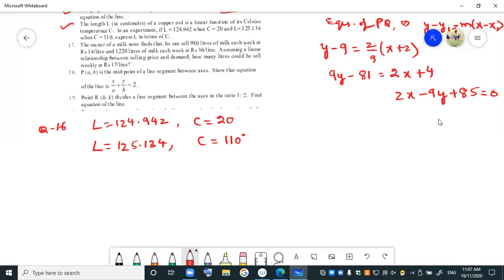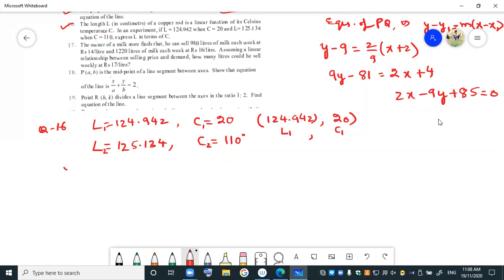This is just behaving like x and y. These are x1, y1, x2, y2. If we take these two points, the first is L1, C1, which is 124.942 and 20 degrees Celsius, and the second is L2, C2.